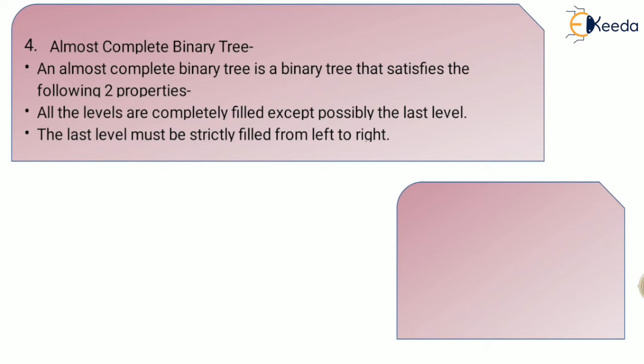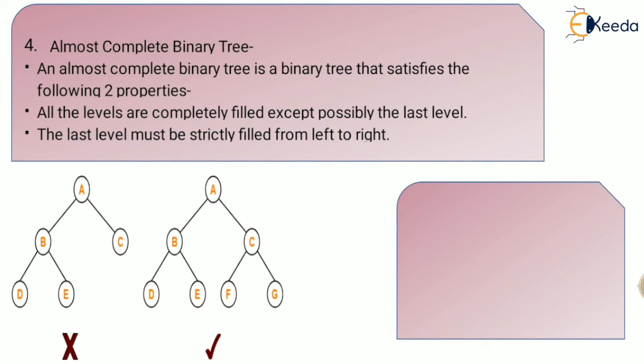Now what is that? For this, we are considering the figure. In this figure, all the levels are completely filled except the last level. Completely filled means they have at most two children.